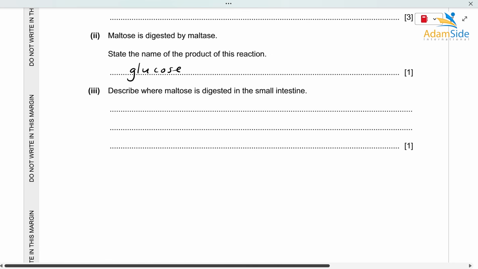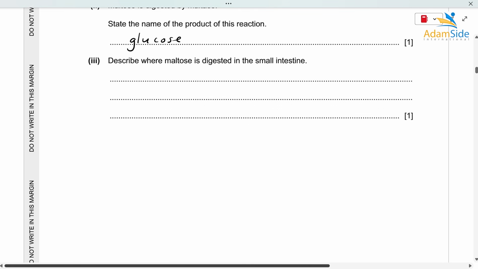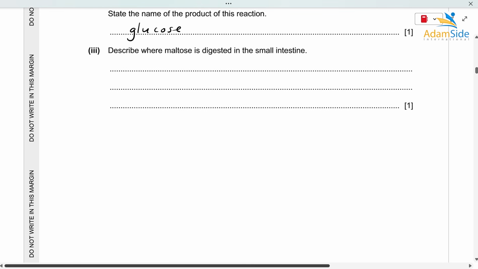Describe where maltose is digested in the small intestine. Alright, so maltose is usually digested in part of the small intestine, alright? But what part exactly? This part is the membrane of the epithelial lining of the small intestine, alright?